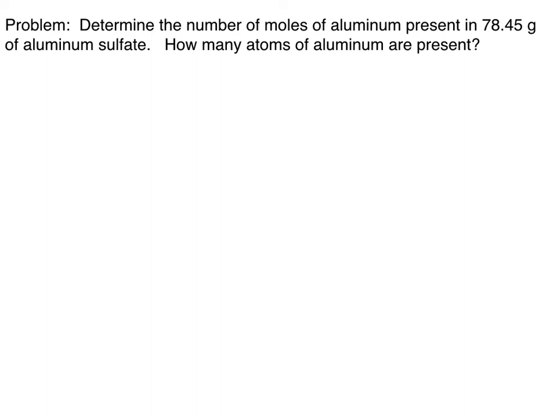Okay, now that you've attempted the problem, let's go through this together. The first thing we have to do to solve this problem is we're going to need the formula for aluminum sulfate, and then we're going to need to calculate the molar mass of the formula. For the formula, we'd have to look up our polyatomics and find out that aluminum has a charge of +3, sulfate has a charge of -2, so the overall molecular formula is Al2(SO4)3.